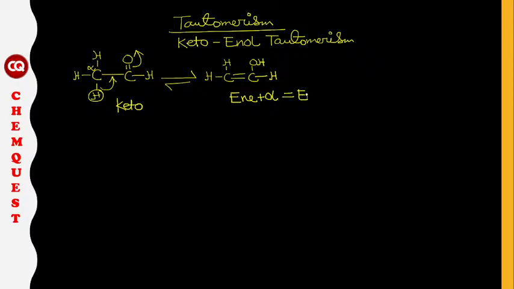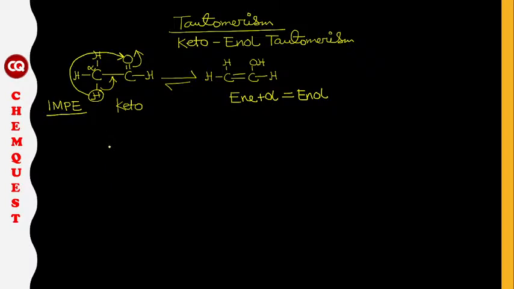Keto and enol are in equilibrium. Hydrogen goes to oxygen, and the mechanism is also known as intramolecular proton exchange, or IMP mechanism.